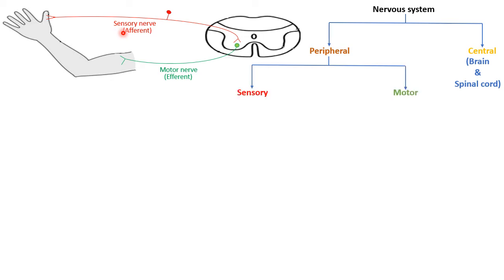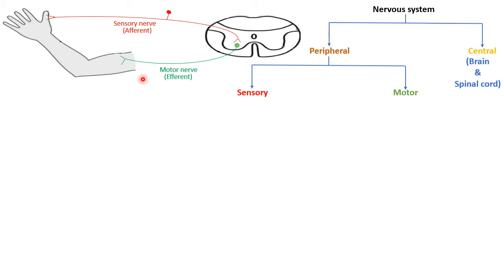So we have the sensory nervous system and the motor nervous system. The motor nerve here innervates skeletal muscle. Skeletal muscle is a voluntary organ. We can contract our skeletal muscle if we want, so it is voluntary.